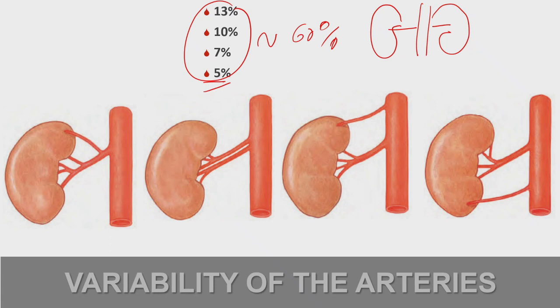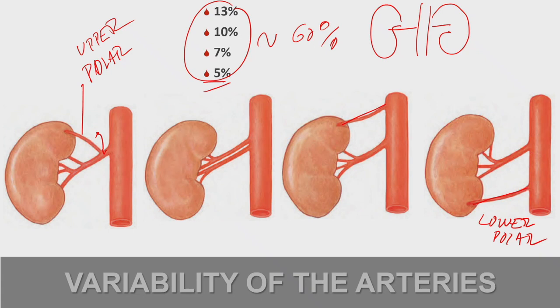We are talking about polar arteries. So this is upper and this is lower. Those polar arteries could arise from a stem of a renal artery like here, or could arise somewhere here and somewhere here separately from the aorta.